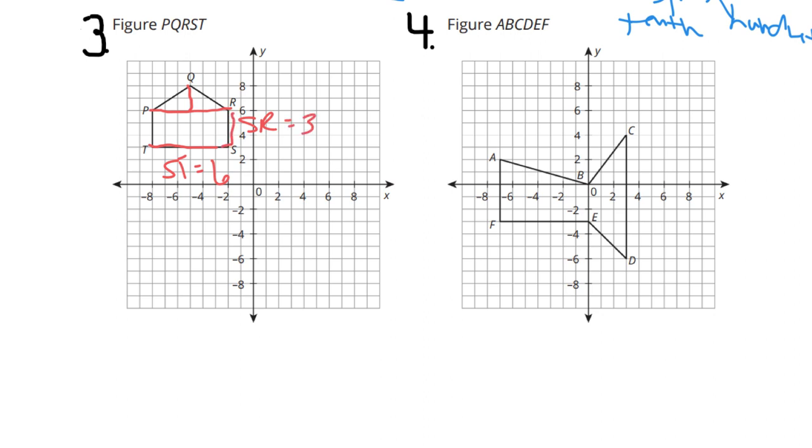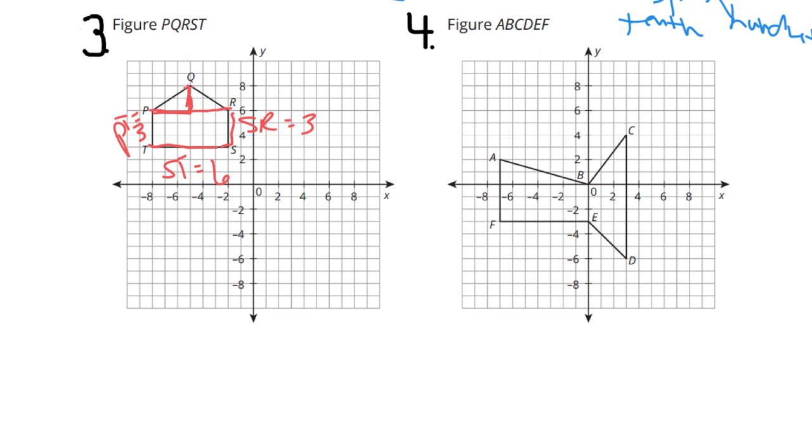We need to figure out what QR is, PQ, and yeah, that's it. And this one is also 3. PT is 3. So for PQ, I know that actually, yeah, let's do 2 triangles. So for PQ, I know that this right here is going to be 3, and this right here is 2.